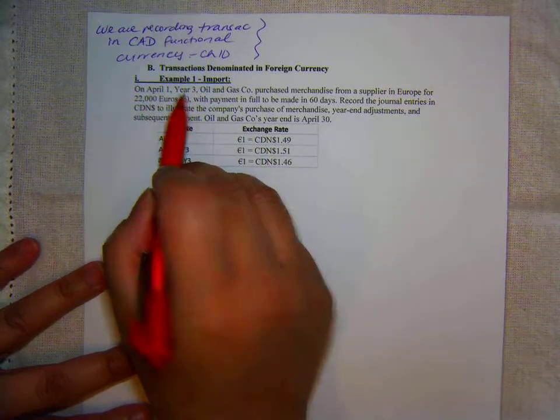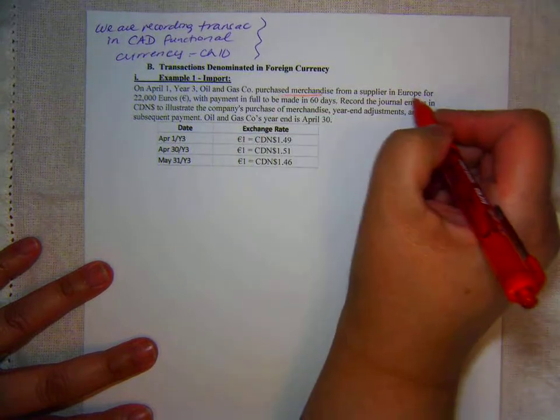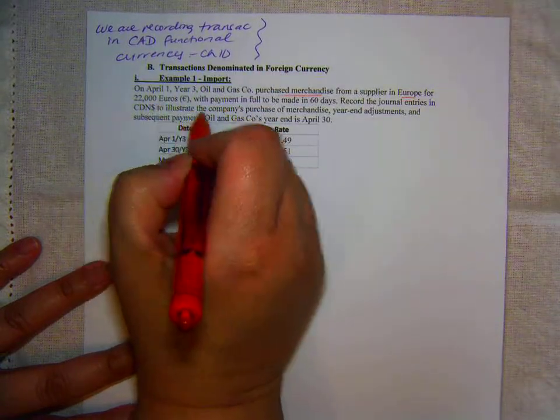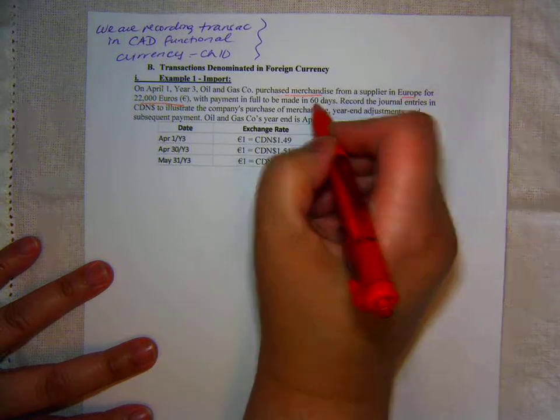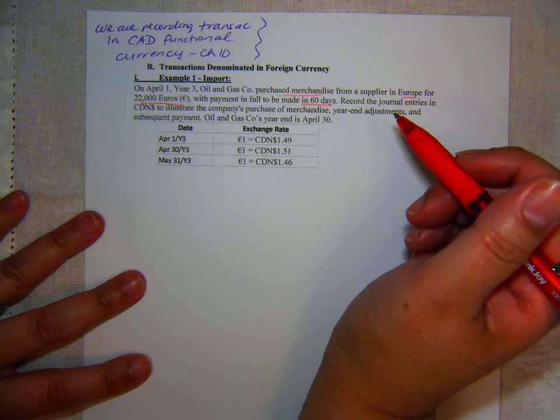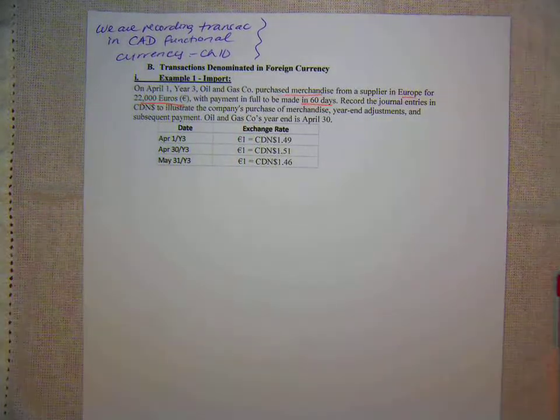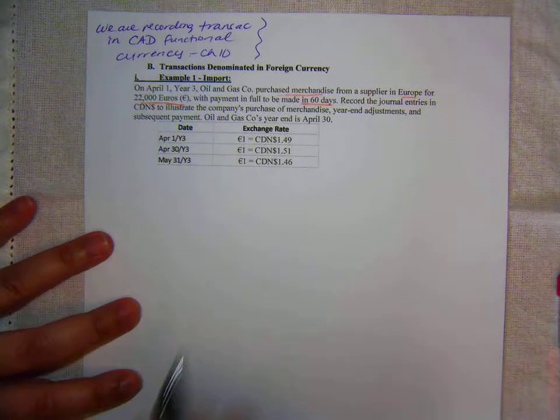April 1st, year 3, oil and gas company purchased merchandise from a supplier in Europe for 22,000 euros with payment to be made in 60 days. Okay, so one thing I want to make clear with these questions, it can be a little unclear.